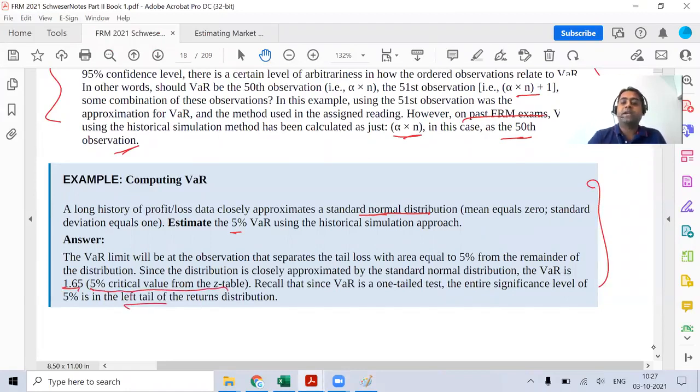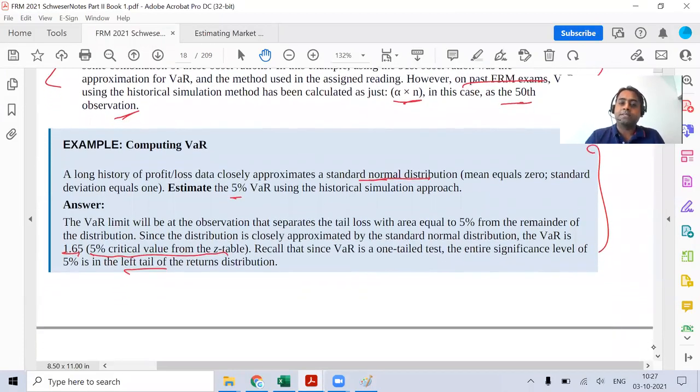And this is the left side of the table that we are explicitly focusing on because we are talking about VAR, which is a risk measure. Kindly look at this example. Recall that VAR is a one-tailed test.